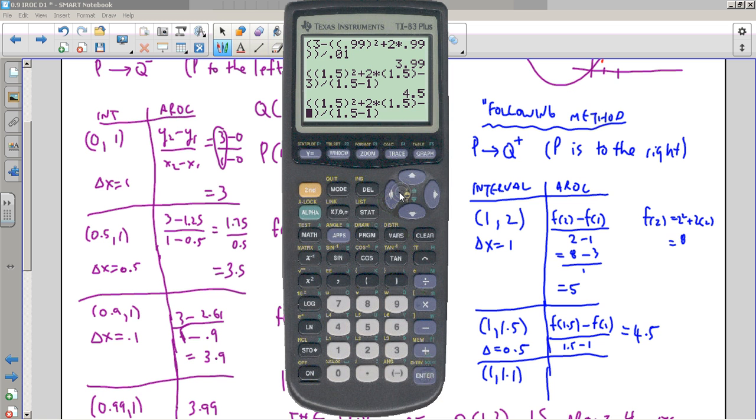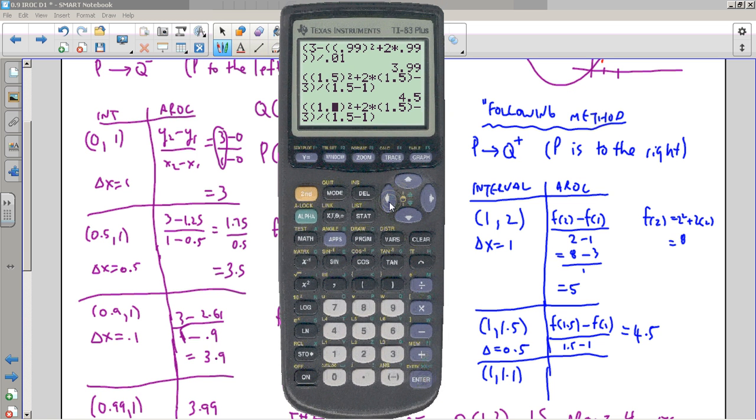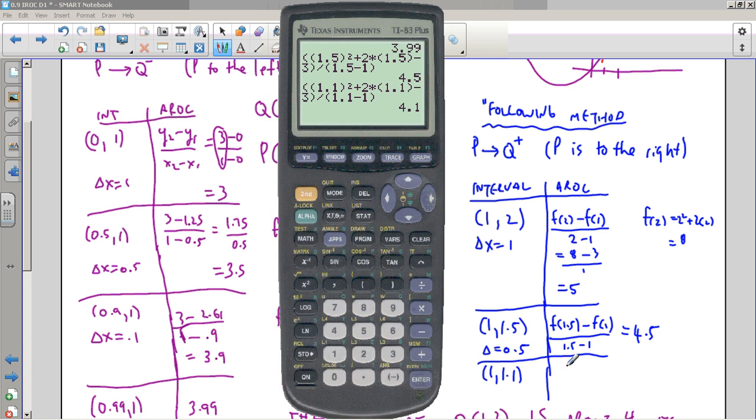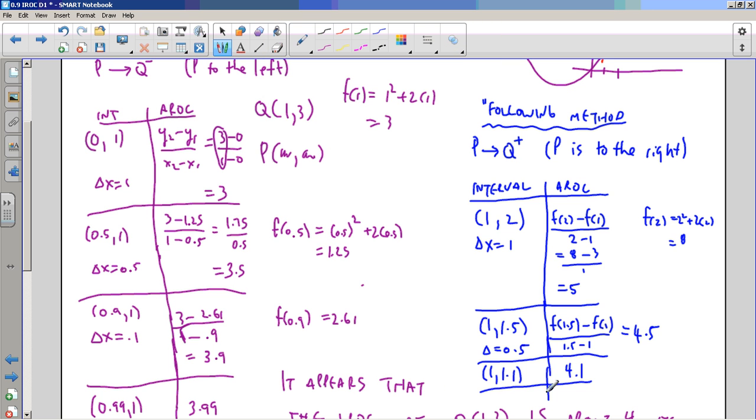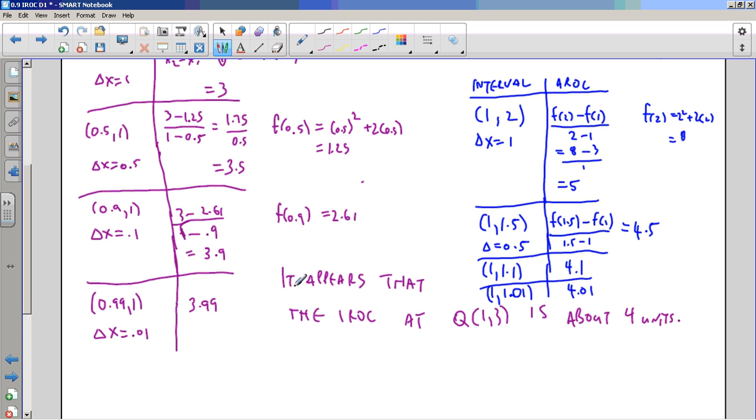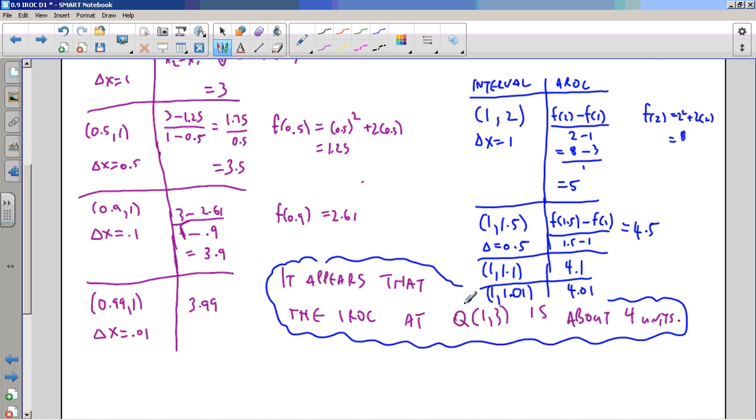I'm going to use my calculator and just change the 1.5 to 1.1, and I get a value that's even closer to 4. What would be the next one? That's even closer, 1.01. My delta x is only 0.01, and I get a value of 4.01. You're going to have to trust me on that one. And notice, same conclusion. All right, so that makes sense.